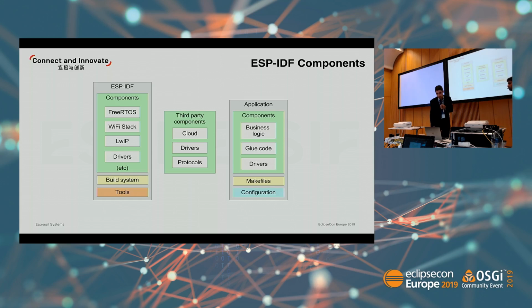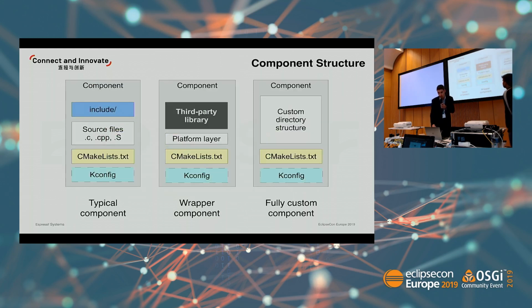For ESP-IDF, we have this concept of components, which are essentially libraries. At the moment, they're just CMake libraries with some extra sugar on top to make up for the missing features. Each component typically includes some source files.